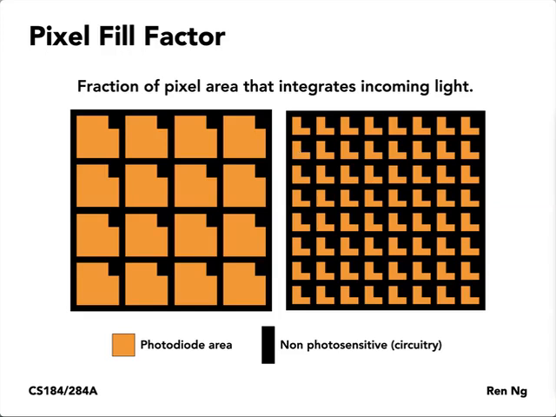Since the wires are the same size, you can see how in this simple cartoon, if you choose smaller pixels, the photodiode area is going to go down as a fraction of the area of the chip because you need to devote more of it to wiring and circuitry and transistors. Can you see that? So the fraction of the pixel area that integrates incoming light is going to be smaller. The photosensitive area will be smaller for smaller pixels, and conversely, larger for bigger pixels.